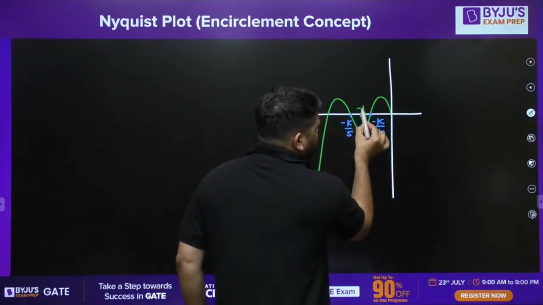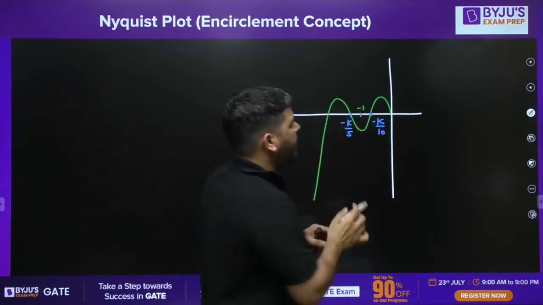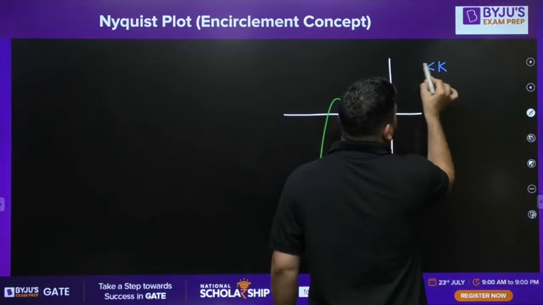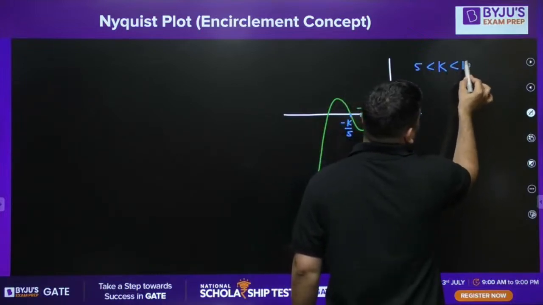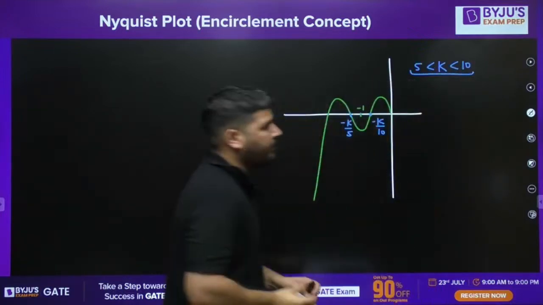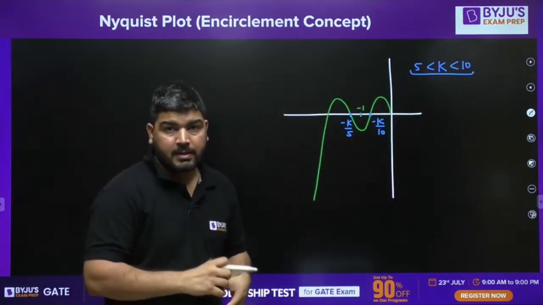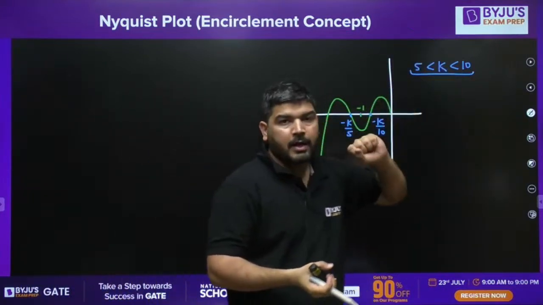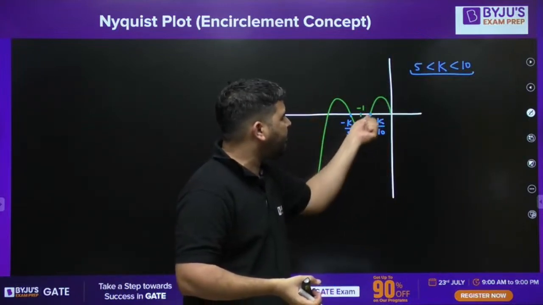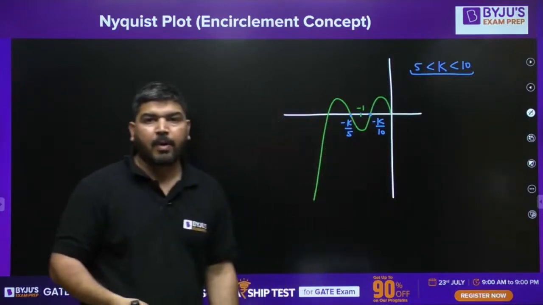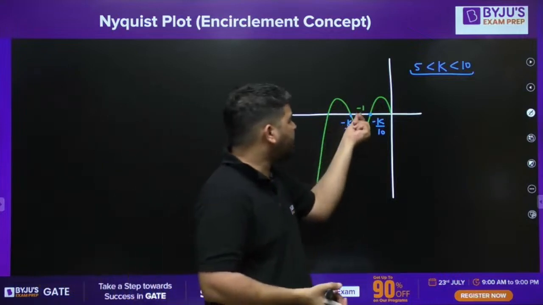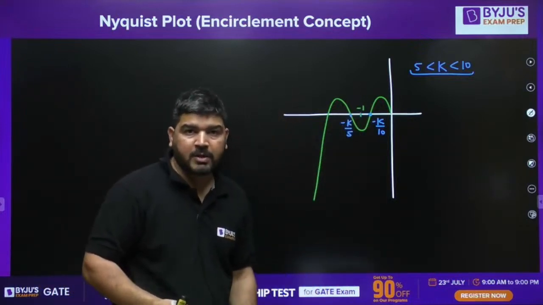So the -1 point will lie in between these two points if K is greater than 5 and less than 10. Let's say K is 8. Then this point will be -0.8, and this point will be -1.6. So -1 will be in between. I hope it is clear.